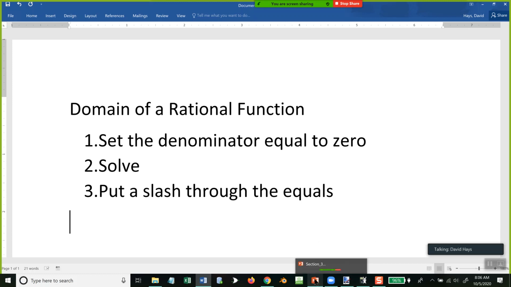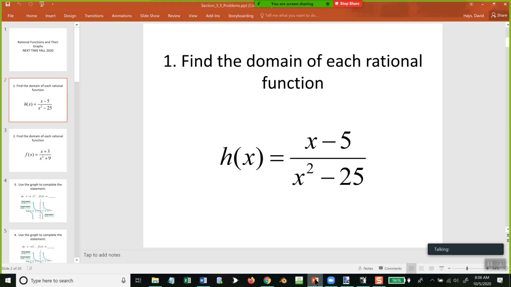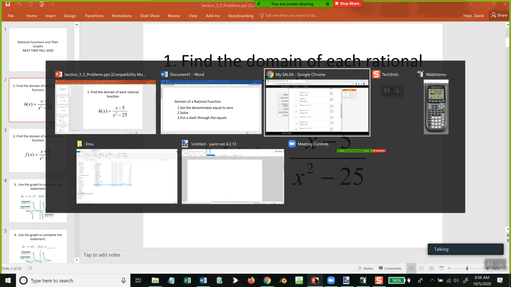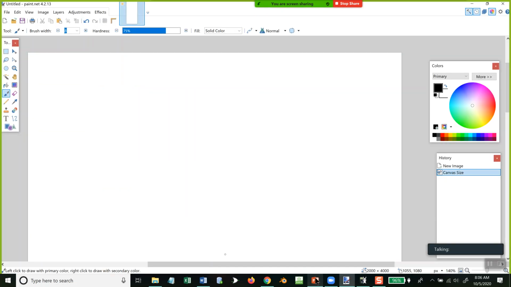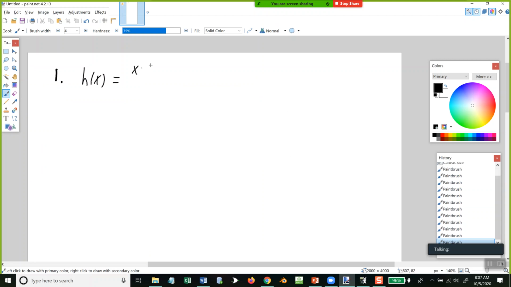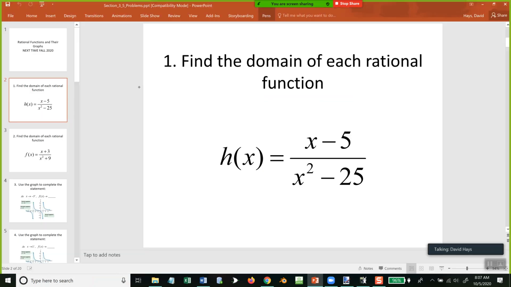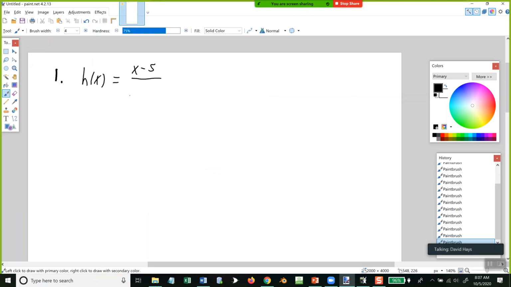So for our first problem here, got h of x is equal to x minus 5 over x squared minus 25.